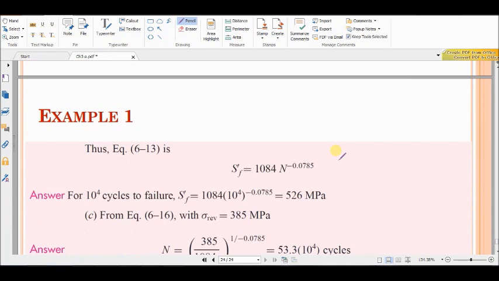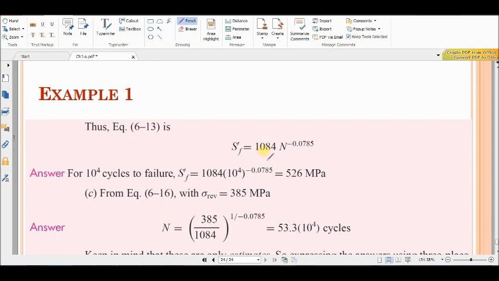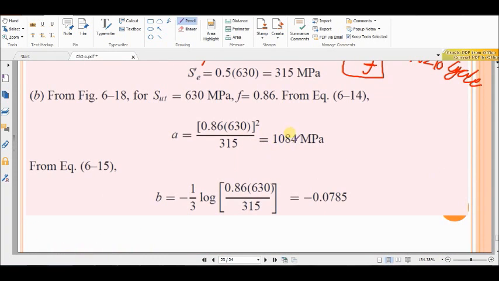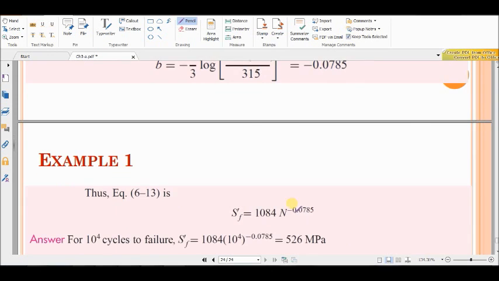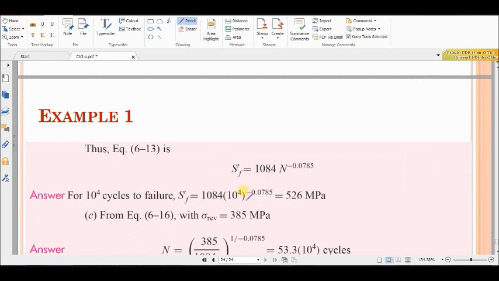Then we will substitute into this equation. That means A should be substituted here, B is the power of n, and as I told you, the number of cycles was given, which is 10 power 4.